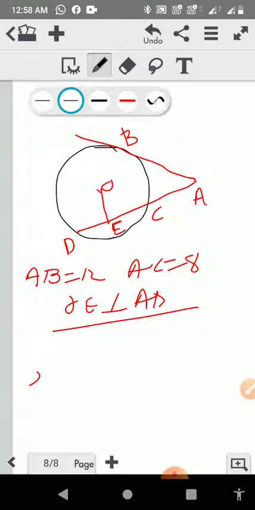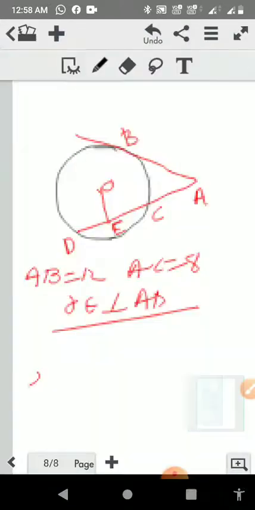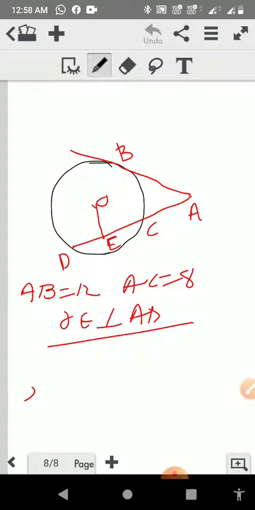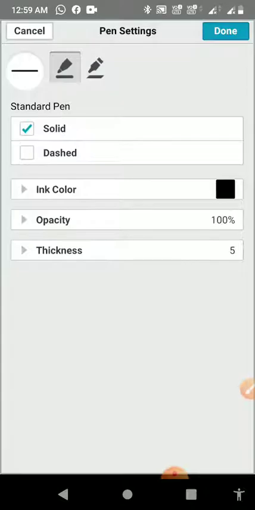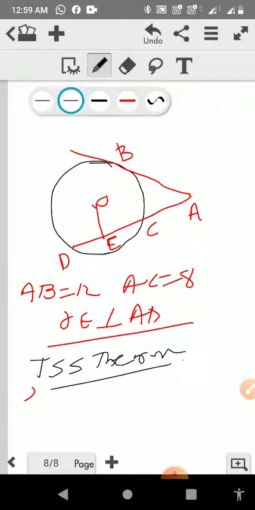From it I can write AB square equals AC into AD.